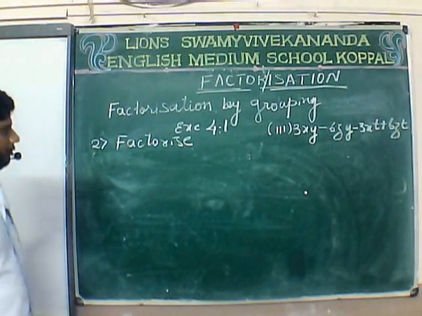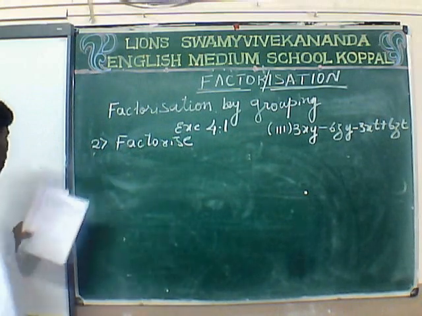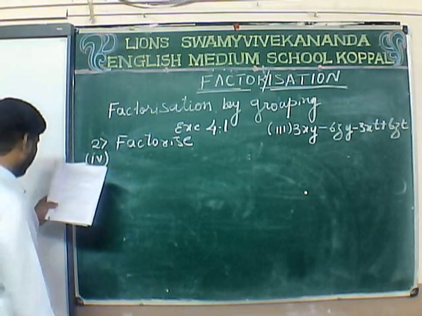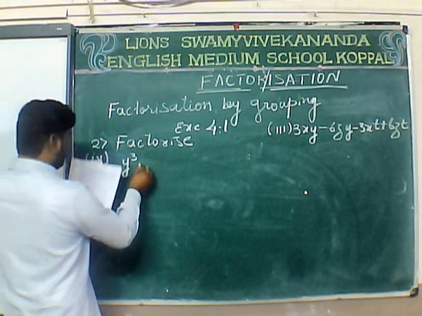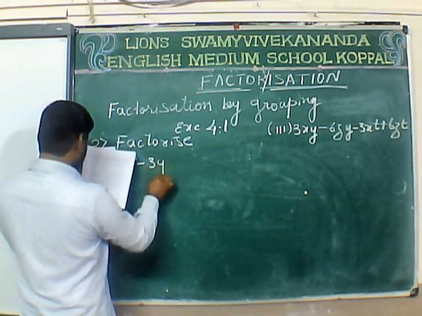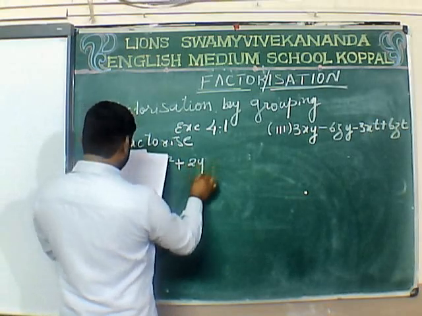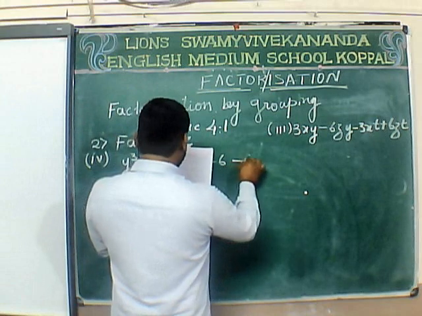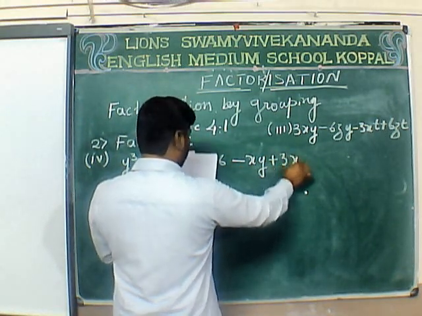Okay, fine. So now I'm going to the fourth problem from the same exercise. Factorize y cube minus 3y square plus 2y minus 6 minus xy plus 3x.